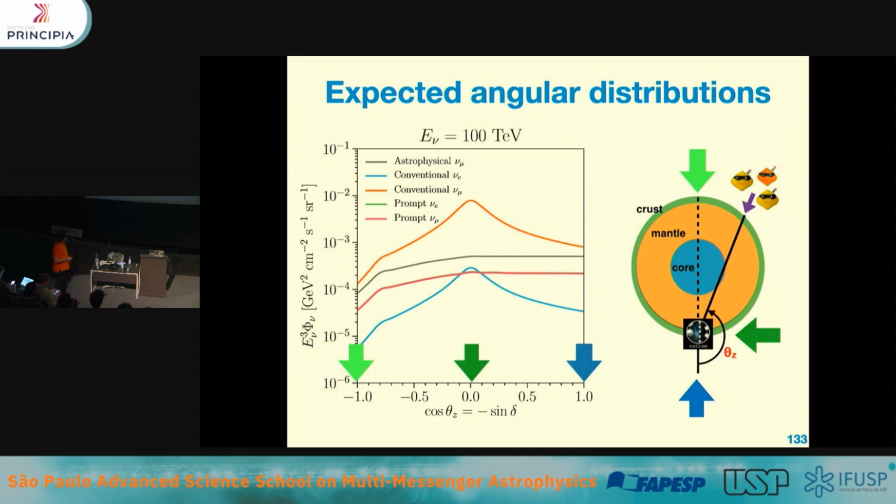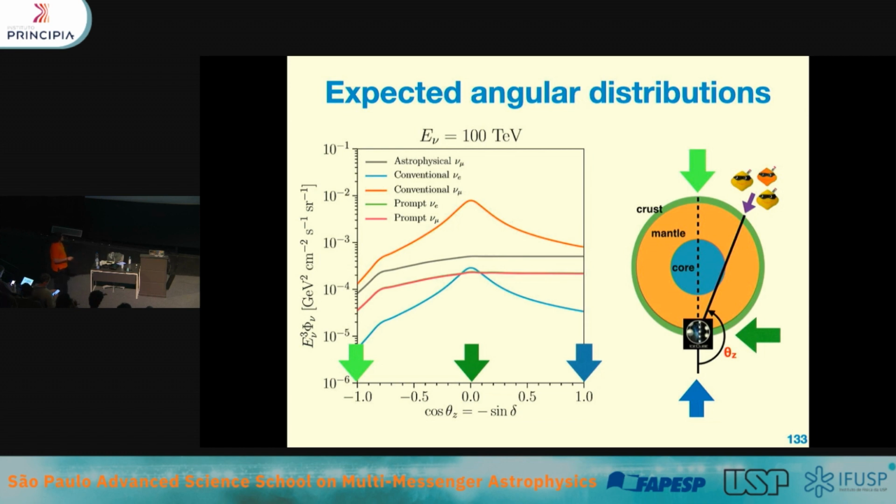So this is the expected angular distribution of backgrounds. This is the shape of the conventional mu neutrino component as a function of direction. This is the shape of the electron neutrino component as a function of direction. And this is the shape of the prompt component, which is produced from meson decays. They're shown from these different directions.